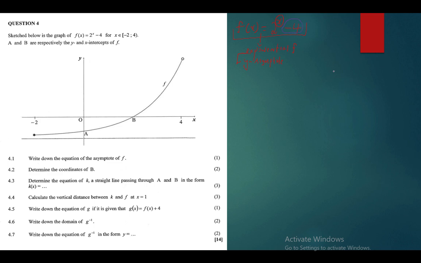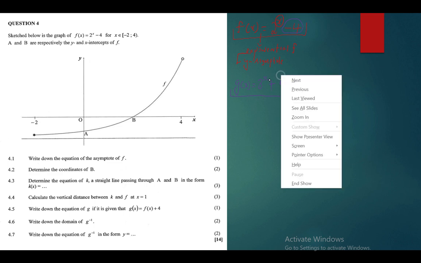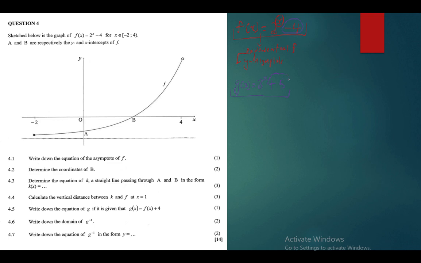Maybe let's say you had g of x equals 3 to the exponent x plus 5. This is still the exponential function, and it has got only the y asymptote. In this case, your asymptote was going to be positive 5.